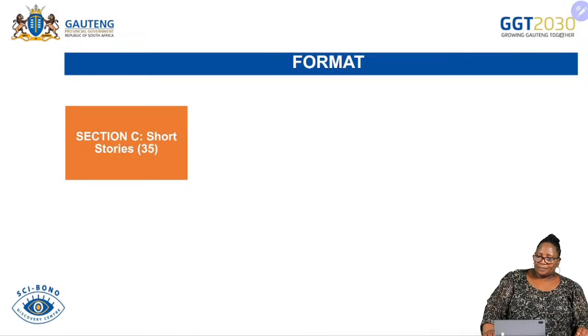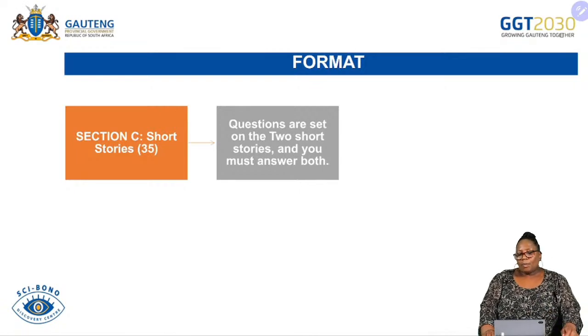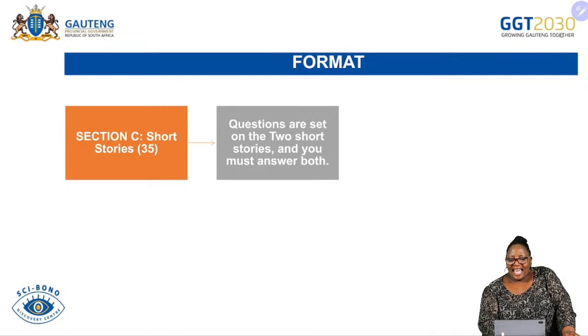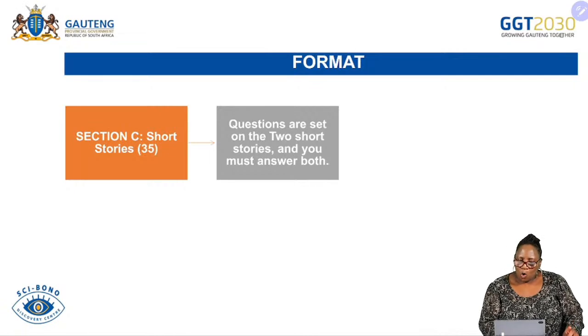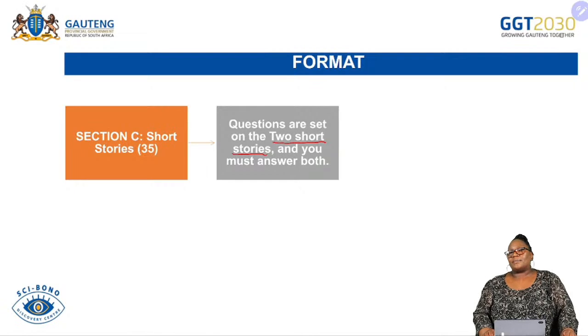Section C is about the short stories, for 35 marks again. Here, it's a bit different from the novels and the dramas. The questions are set on 2 short stories. There is no choice here, and you must answer on both short stories.